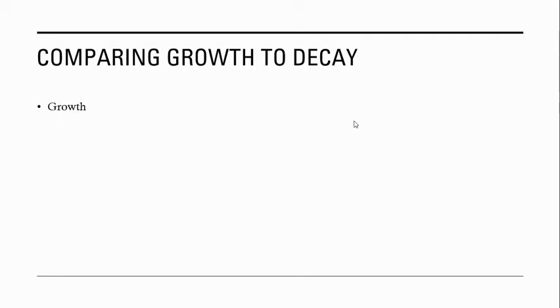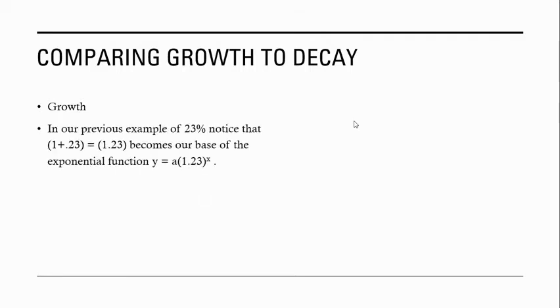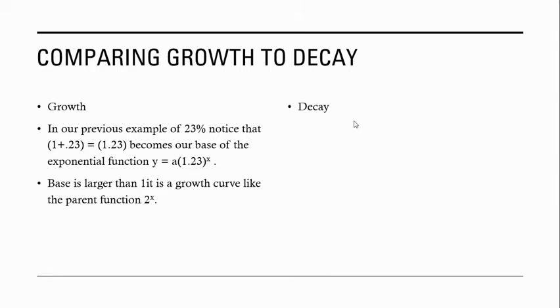We're going to compare growth to decay. Growth: in our previous example of 23%, notice that 1 plus 0.23, which is equal to 1.23, becomes our base of the exponential function y equals a times 1.23 to the exponent of x. A base that is larger than 1 is a growth curve, just like the parent function 2 to the exponent of x.